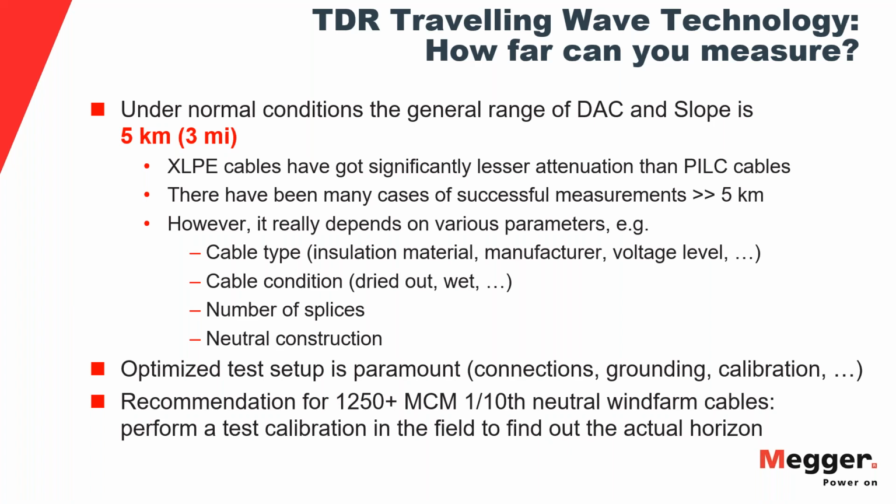The amount of splices, every splice causes a reflection, which is an energy loss. The neutral can have an effect. I put that down there for the wind farms, very important. A lot of wind farms tend to use reduced neutral cables. So if you want to know if in such a condition the partial discharge trace looks good, or you can even measure partial discharges, the best thing is just to do a calibration in the field.